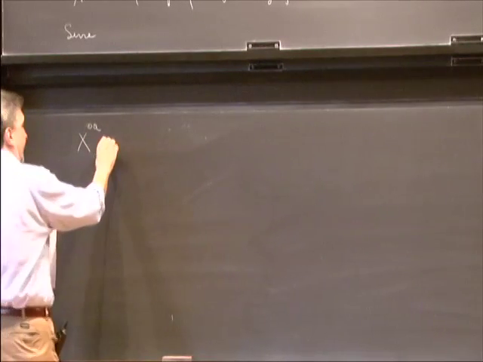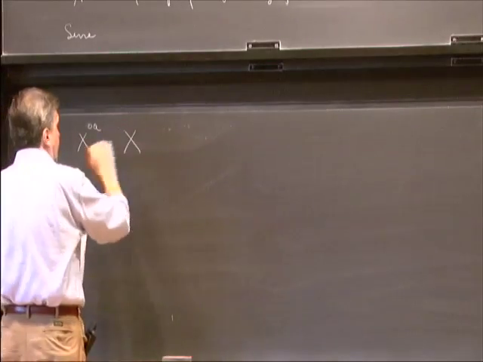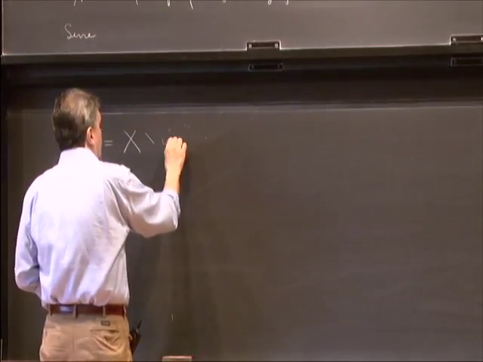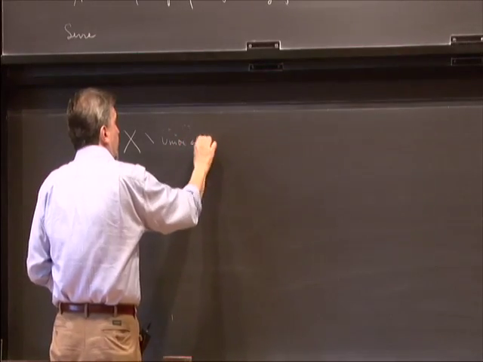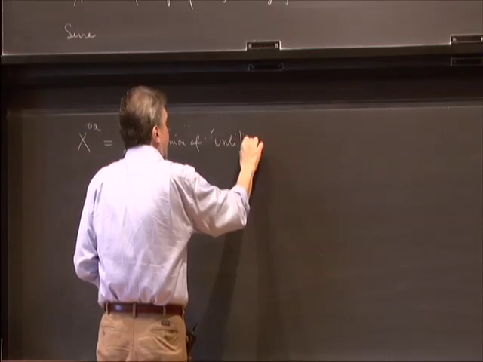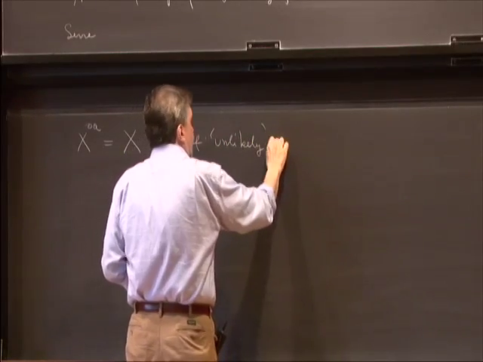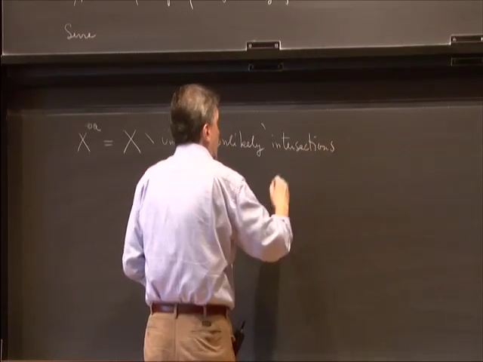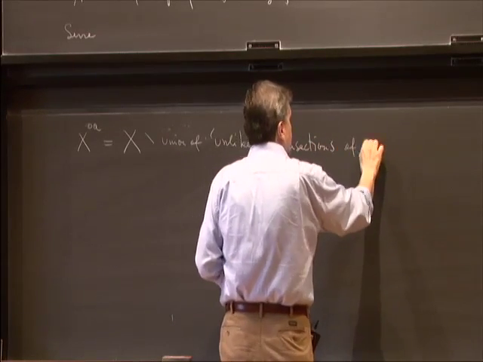And this set was defined precisely as x minus the union of, I call now unlikely intersections of positive dimension.